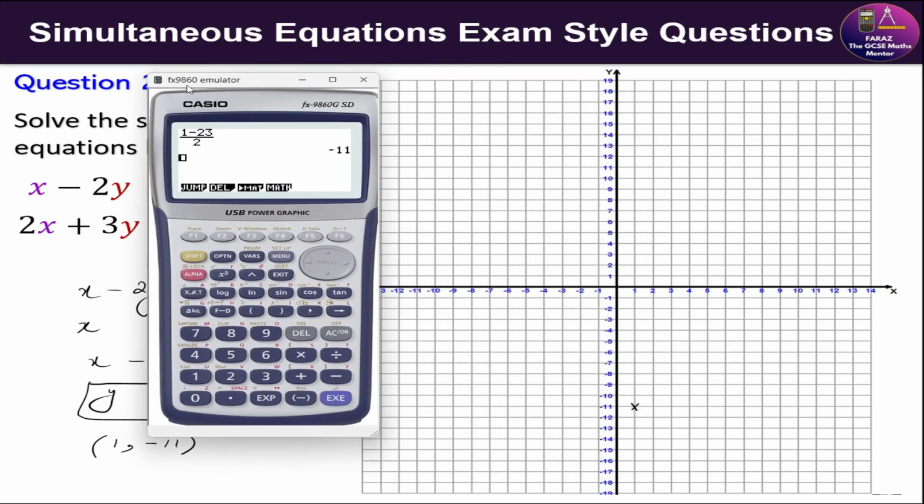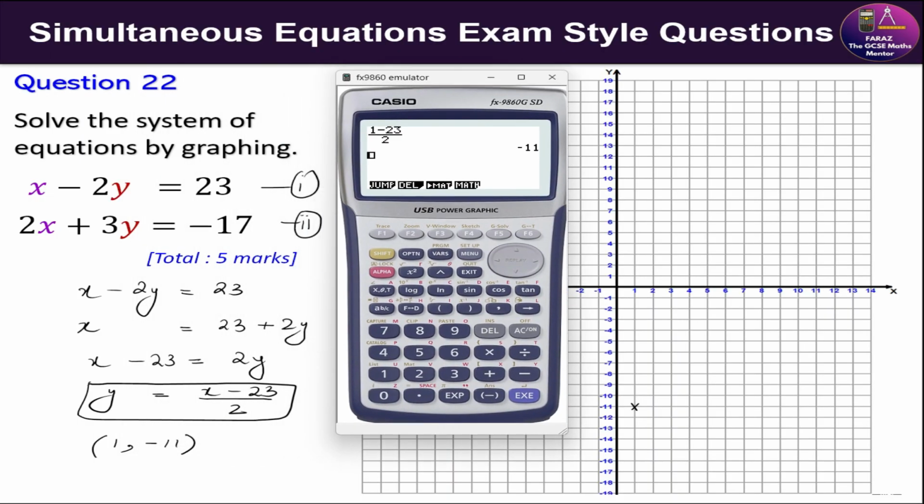As the first coordinate is at 1, let's take another one at some distance. Let's take it at 5. So you replace the x value by 5: 5 minus 23 over 2. Why 5? Because it's up to you.